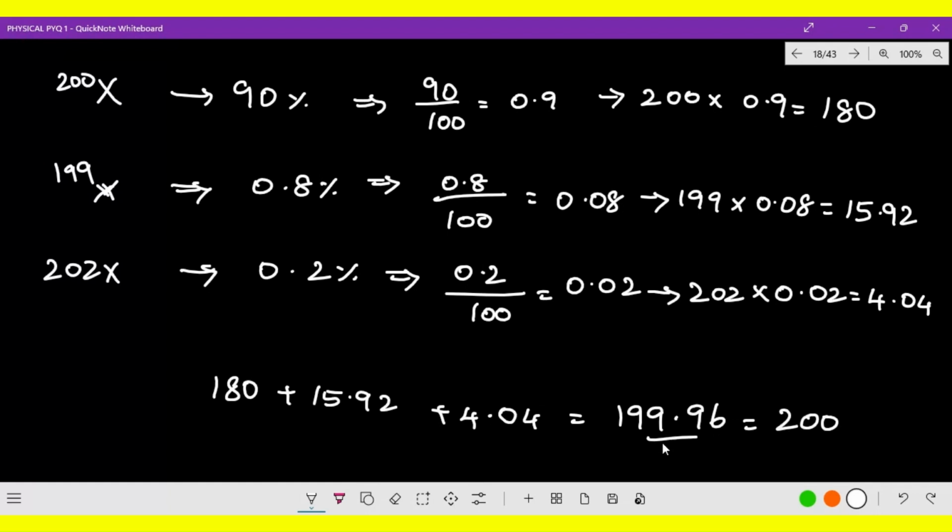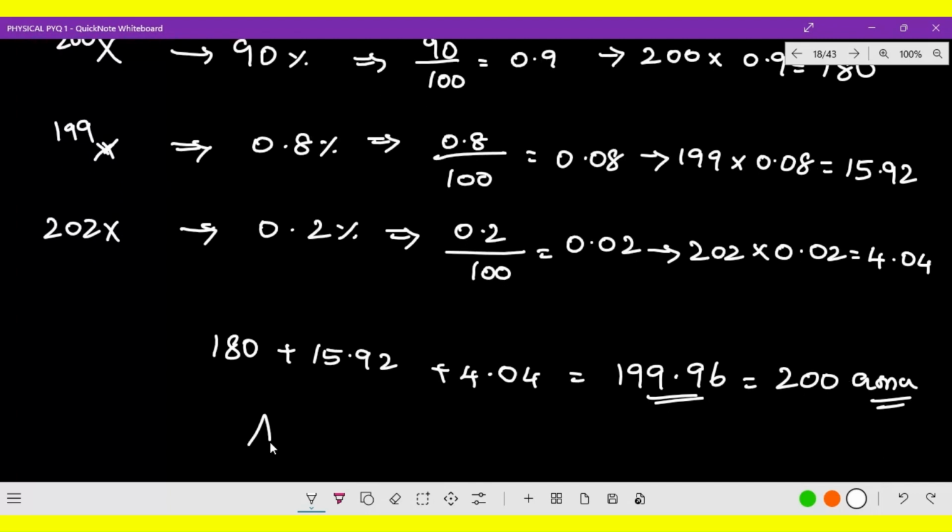Shall we write it as 200? So that is 200 AMU. So the average atomic mass of the element is 200 AMU.